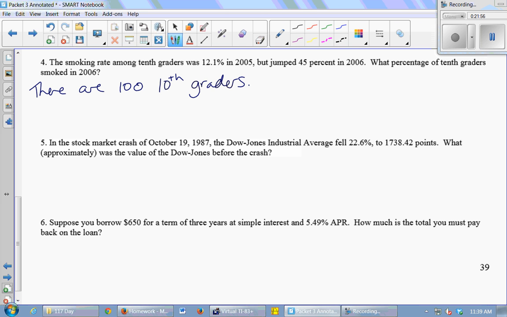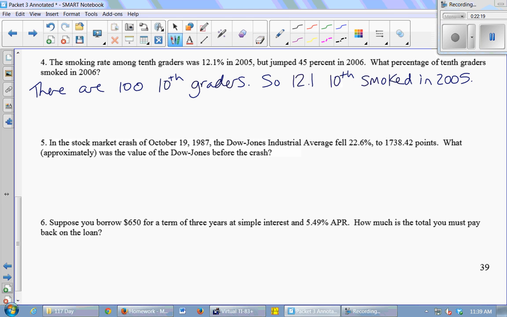12.1, yeah, about 12. I mean, that doesn't really make any sense, but suspend disbelief, right? Okay, so 12.1 10th graders smoked in 2005, okay? Because 12.1% of 100 is 12.1 10th graders.